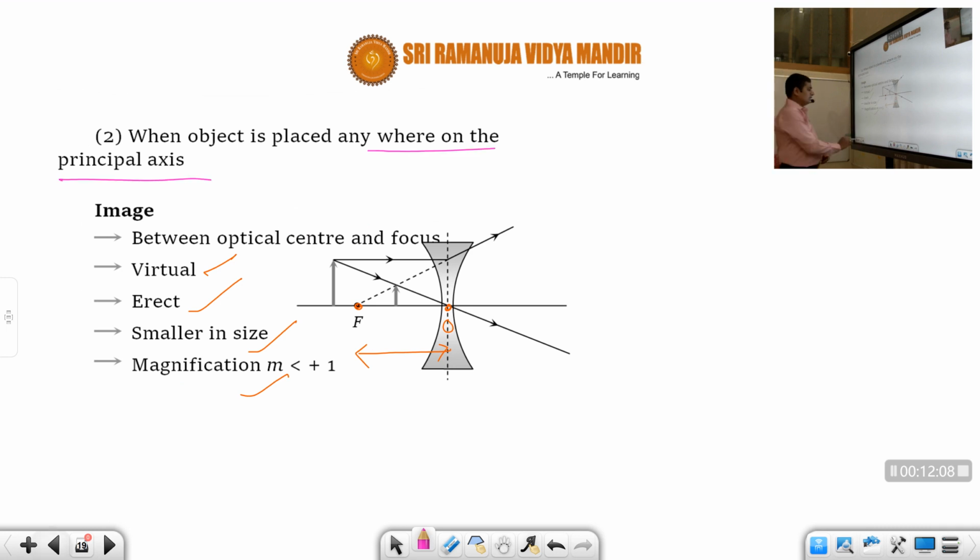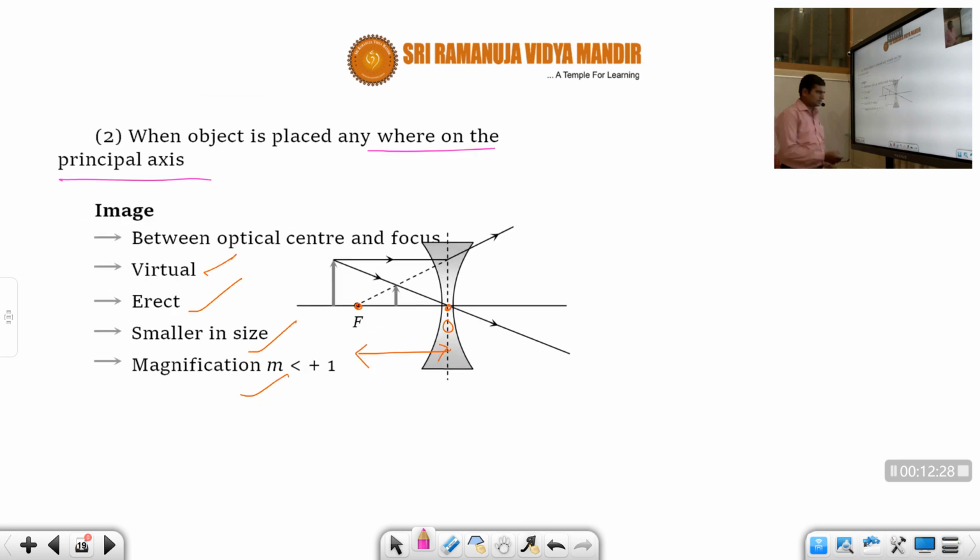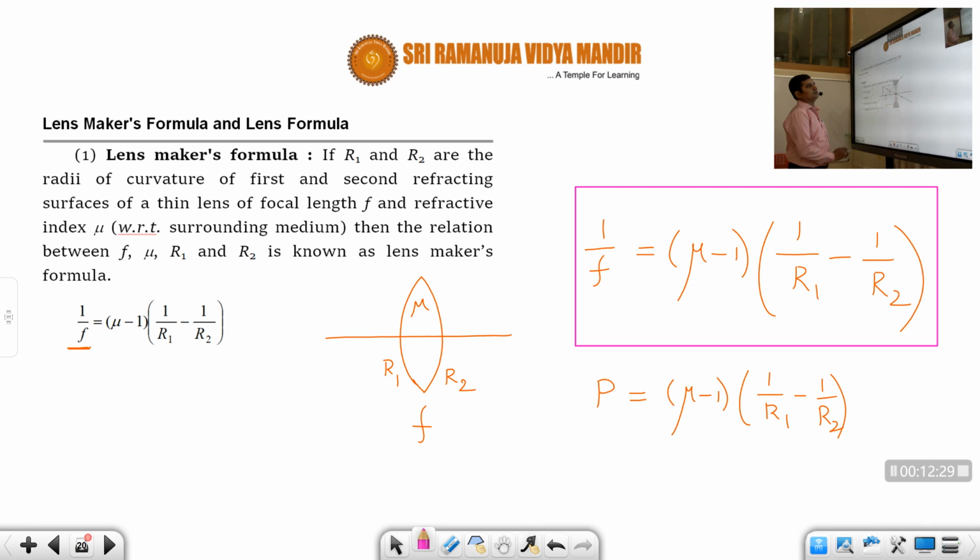So in both of these cases, the nature of the image is always virtual, and of course size will be diminished. Since it is a virtual image, it must be erect. And the position of the image is always between the optic center and the focus. Okay, students. So that is regarding the properties of image for concave lens.